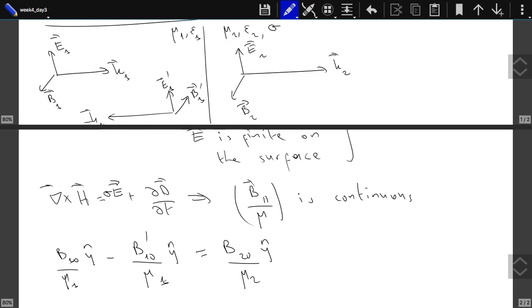Now, a surface current is what remains from this current when you send the thickness to 0. So if the current is finite everywhere, when the thickness goes to 0, you are multiplying it with 0, you get 0 surface current.